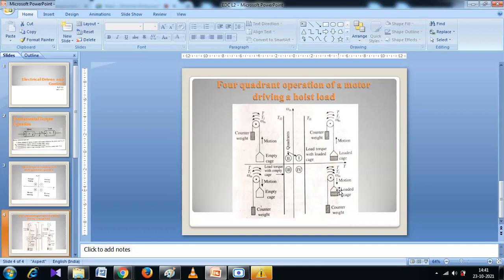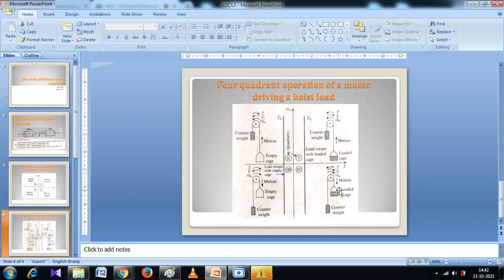First tell me, due to gravity what will happen? The cage is loaded, and the counterweight, which one is its position, high or low?